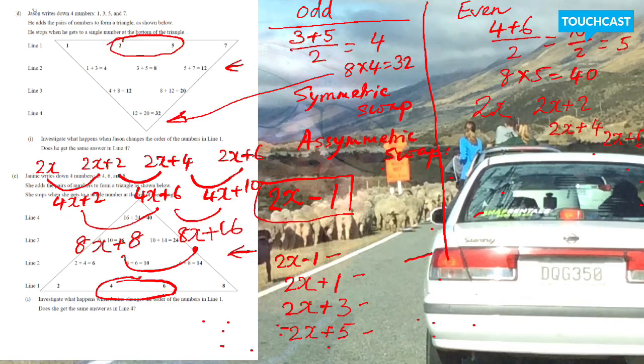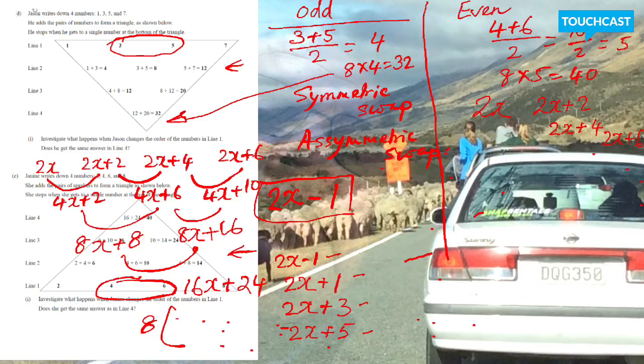And then I keep adding, 16x plus 24. Now 8 is a common factor, so 2x plus 3, that gives me some idea.